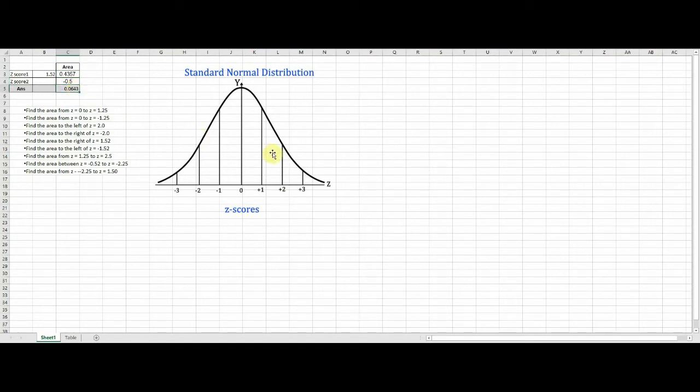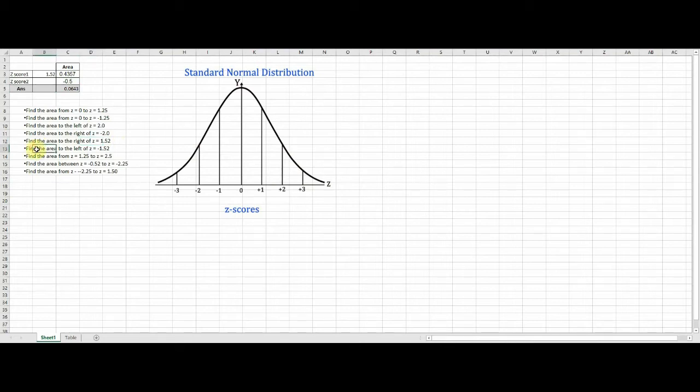Why? Because we're going to get only the values going to the right. Please recall the total area from 0 to the right side is 0.5. So therefore, you're going to get the extreme right side, you have to subtract 0.5.